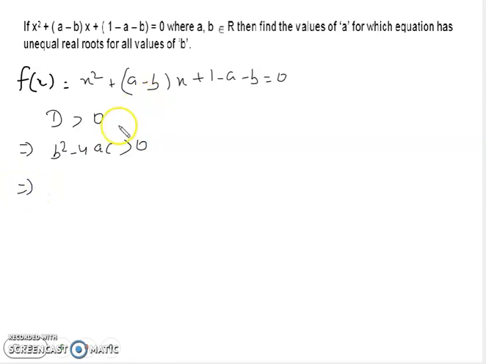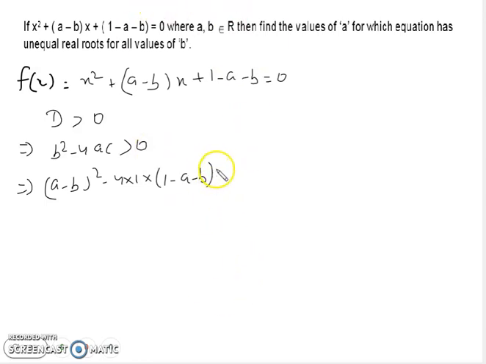So we can write here (a minus b) whole square minus 4ac. What is the value of a? It is 1, and c is 1 minus a minus b. This is greater than 0, not equal to 0, because the roots are unequal.